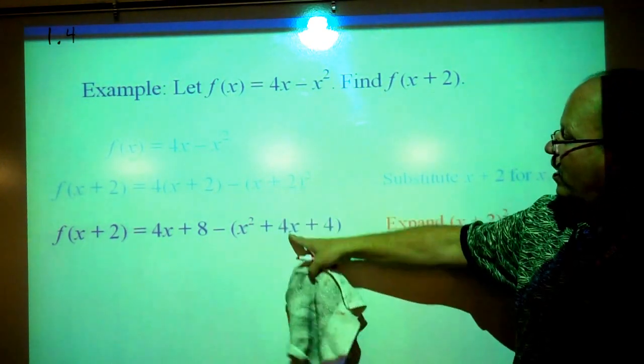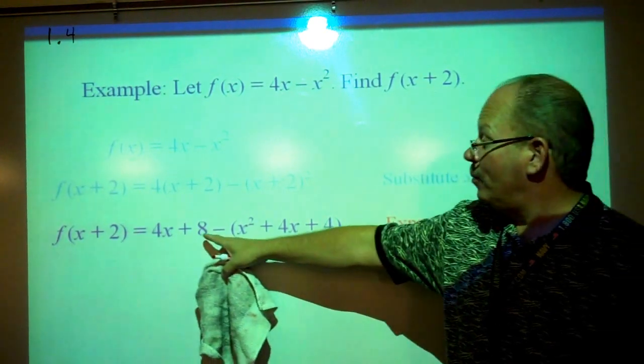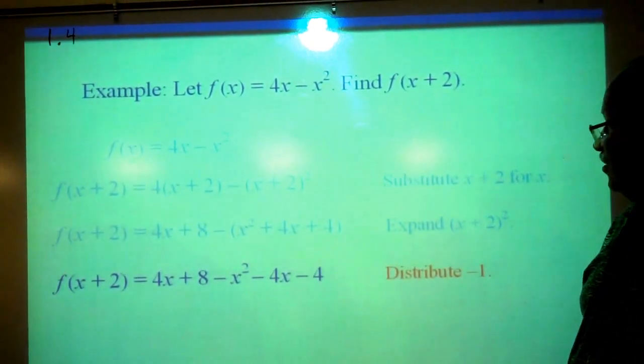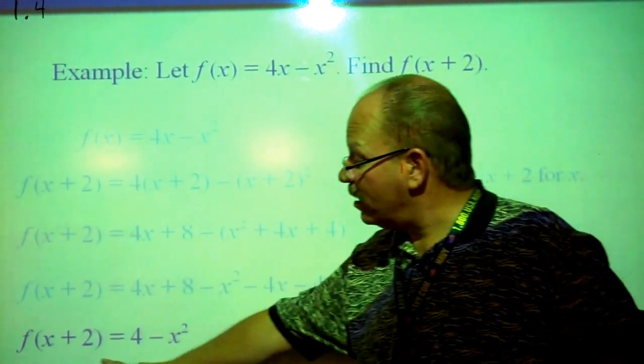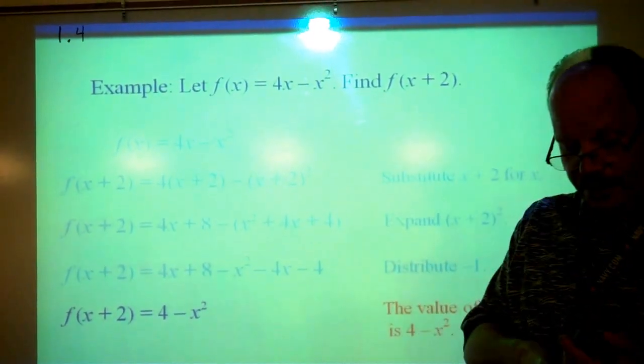We expand this, remember FOIL or your shortcut methods for multiplying binomials, and then we just continue to simplify until we can't simplify it anymore, and we find that f of x plus 2 would be 4 minus x squared.